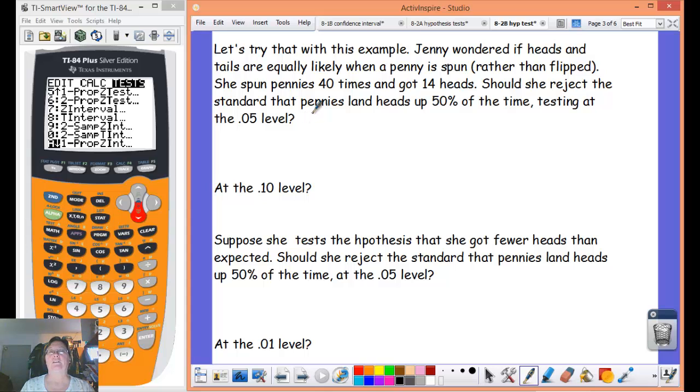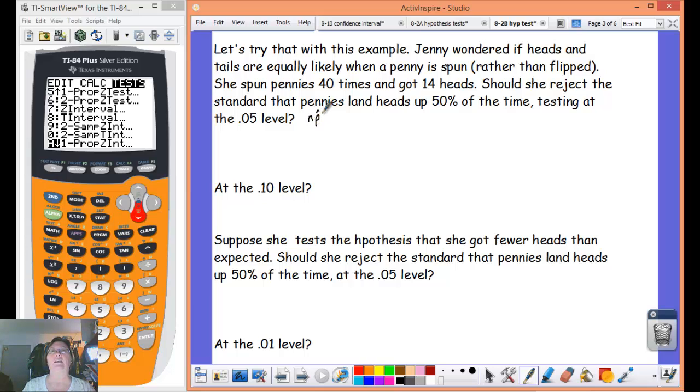I'm going to ask you to take just a couple of seconds and check the 3 criteria you need. p hat and q hat are sufficiently large. That is, p hat is 14 out of 40, q hat is the other 26 out of 40. When you multiply both of those by 40, you get 14 and 26, so the sample size is okay.